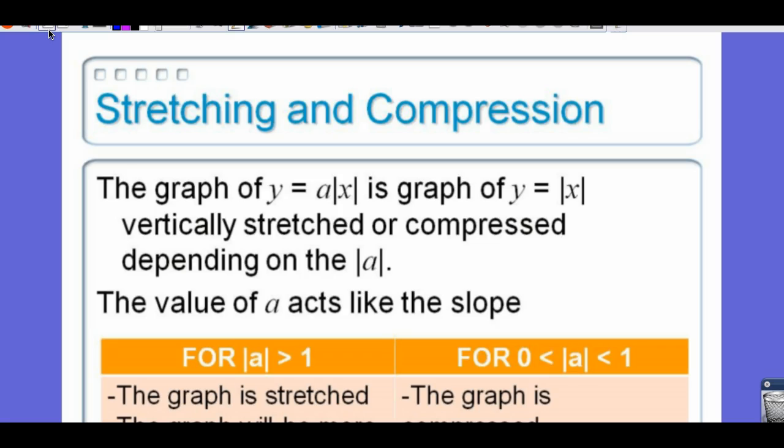Okay. We discussed it. Now let's put it into words. If a graph is stretched, my a value is going to be greater than 1, and my graph is going to be narrow.